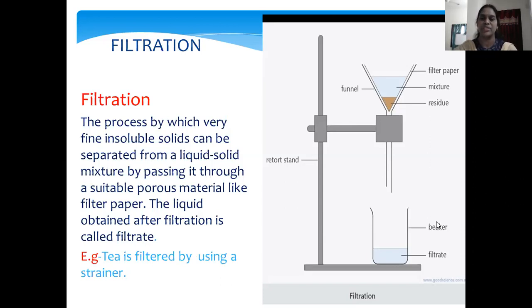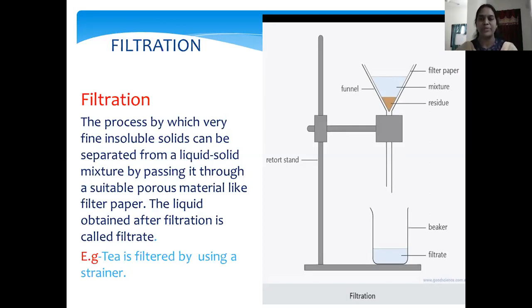And inside the funnel they will insert the filter paper. They will make the filter paper into a cone shape. How can you make a cone shape of a filter paper? Take one circular paper and just fold it in a cone shape and insert it in the funnel. Okay, now everything is arranged.